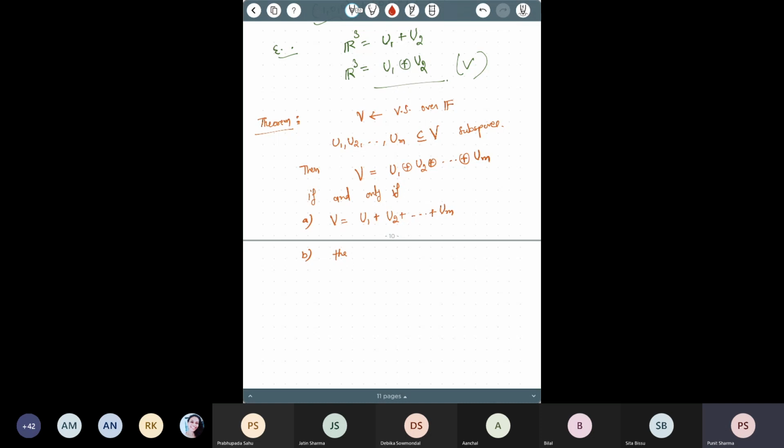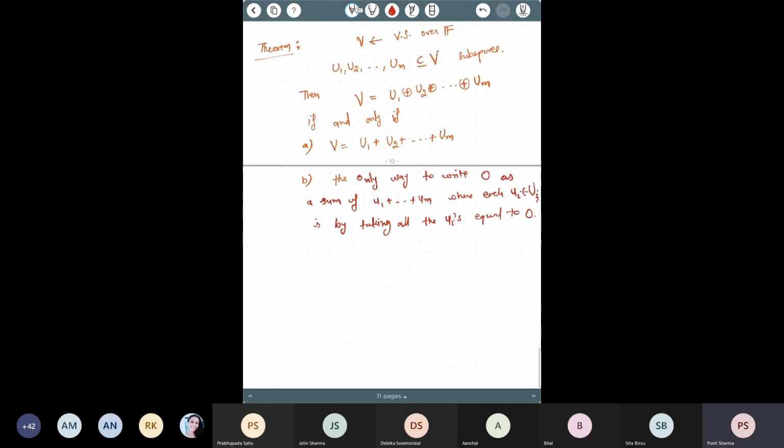And the second condition says that the only way to write the 0 element of the vector space as a sum u1 plus and so on up to um, where each ui belongs to capital Ui, is by taking all the ui equal to 0.